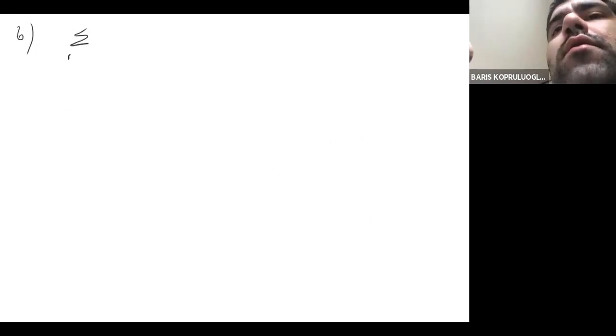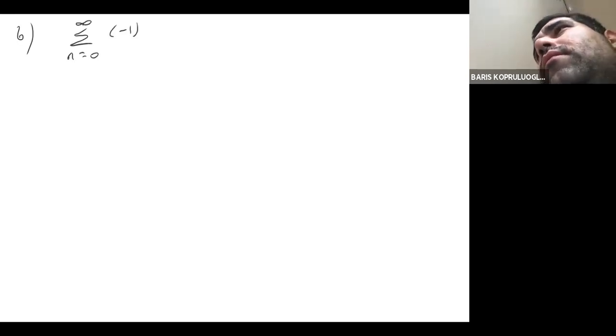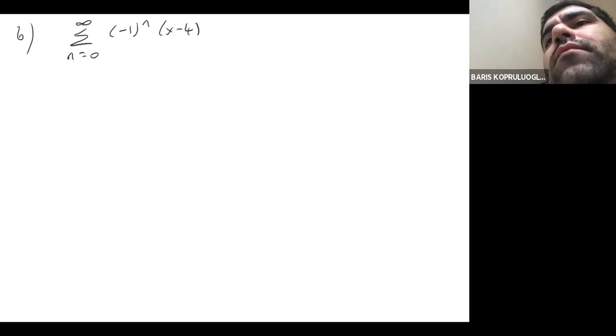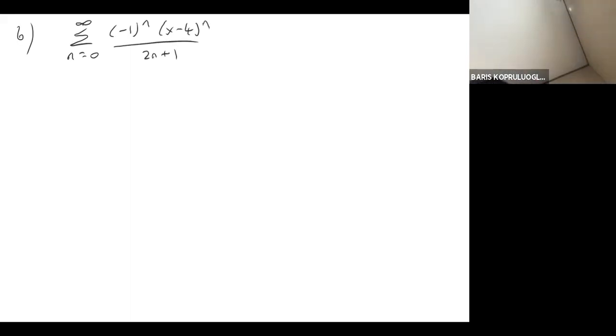Number 6, the radius of convergence and interval of convergence. So the partial credit criteria in this problem was, if you use the ratio test and everything else you did was wrong, you get 1 point.